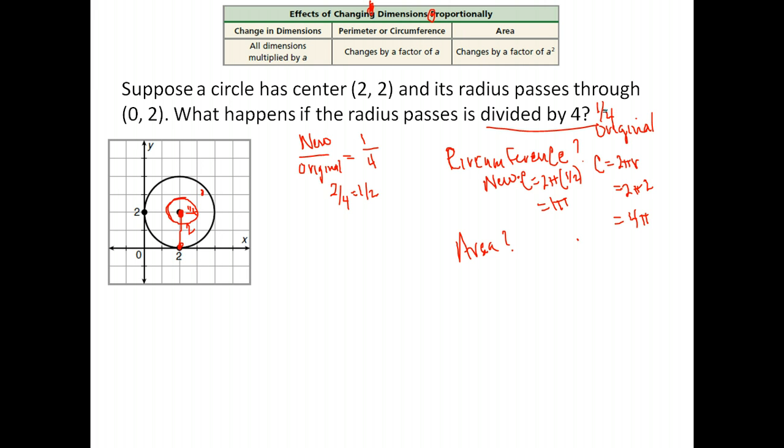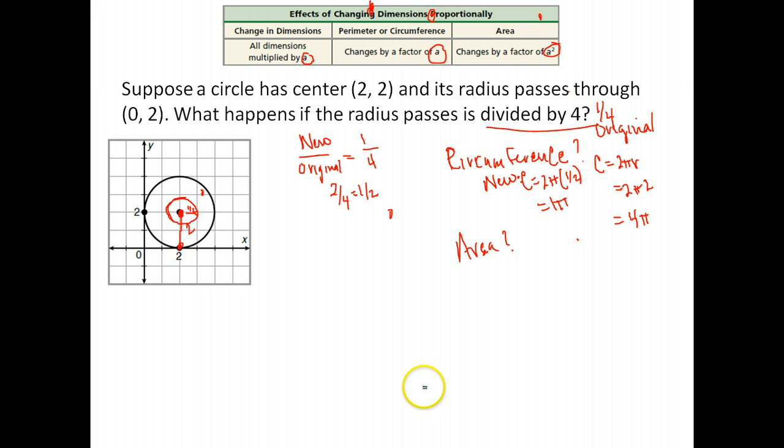It's doing 1/4 of something. So we really could have used our example up here. It says if you multiply the dimensions by a number, then the circumference changes by that same number, 1/4, and the area should change by that number squared.